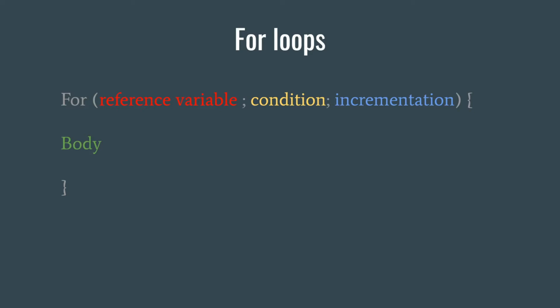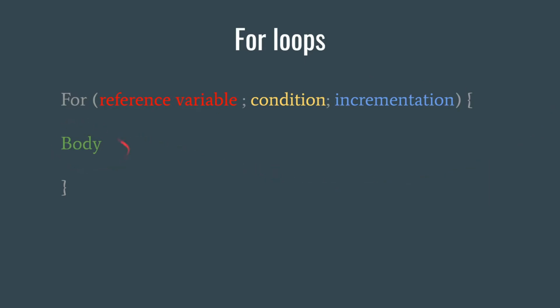And this is going to be something like i is greater than or equal to x or 10 or some other variable that tells us how many times we're supposed to loop over. Next, the incrementation is increasing the reference variable so it meets this condition. So if we start at 0 for the reference variable, we're going to increment it each loop so it meets the condition and ends the loop.